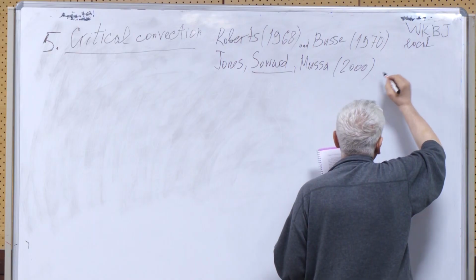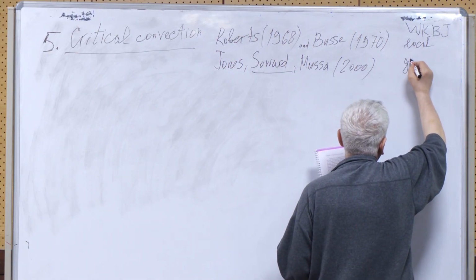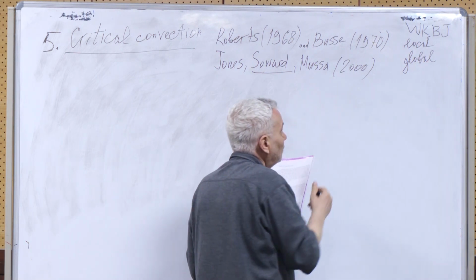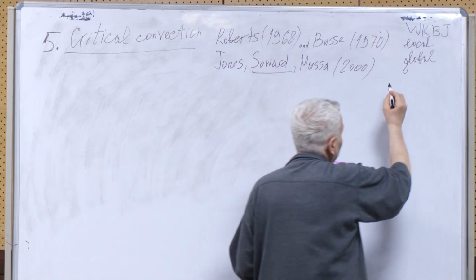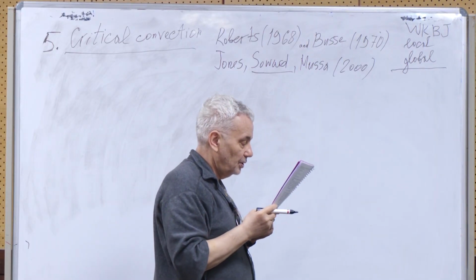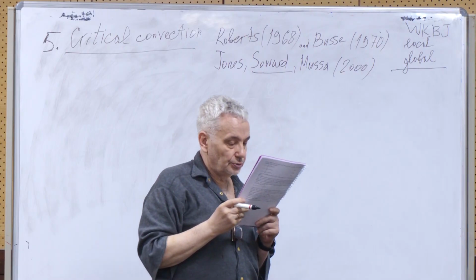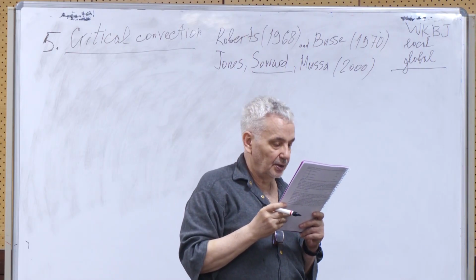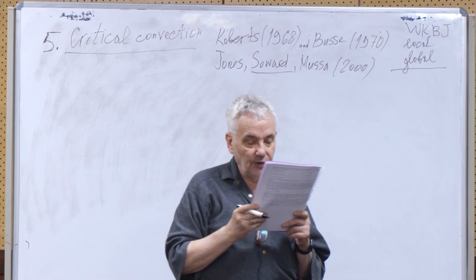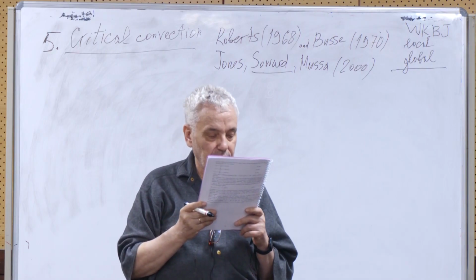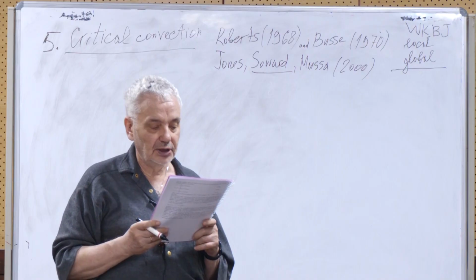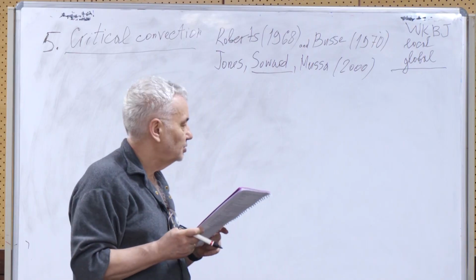And the global one was introduced later by those persons, and it had dramatically better accuracy, very high accuracy. So at finite Ekman number, all this is based on turbulent transport coefficients, and we calculate the critical parameter of the marginal stability of the convection. Here I just describe the essence of this chapter.